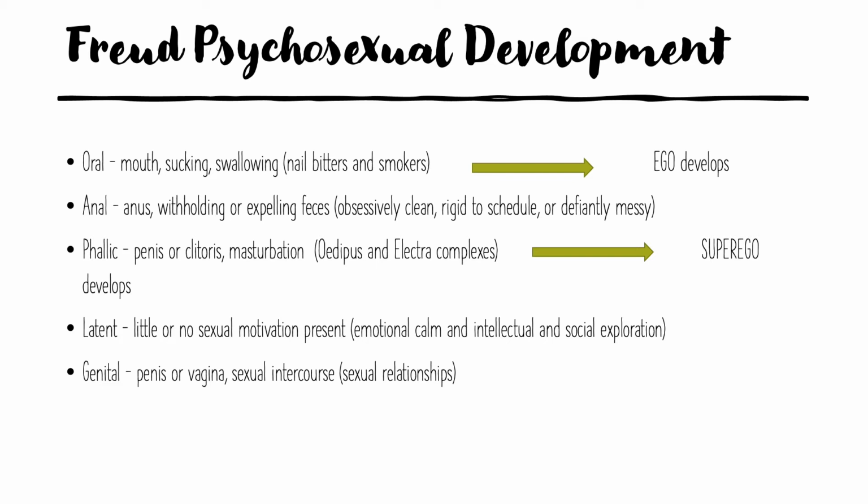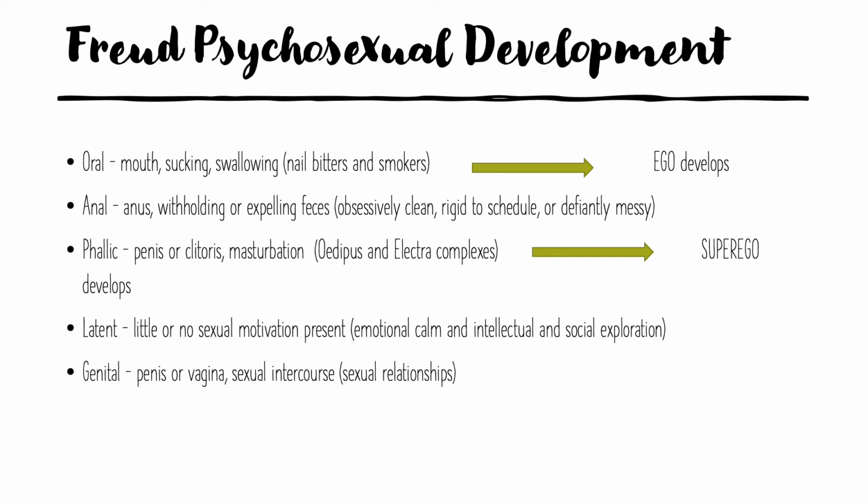This is the Oedipus and the Electra complexes. In other words, loving your parent of the same gender. And the latent stage is little or no sexual motivation present. If you do successfully get through this, it's emotional calm and intellectual and social exploration.